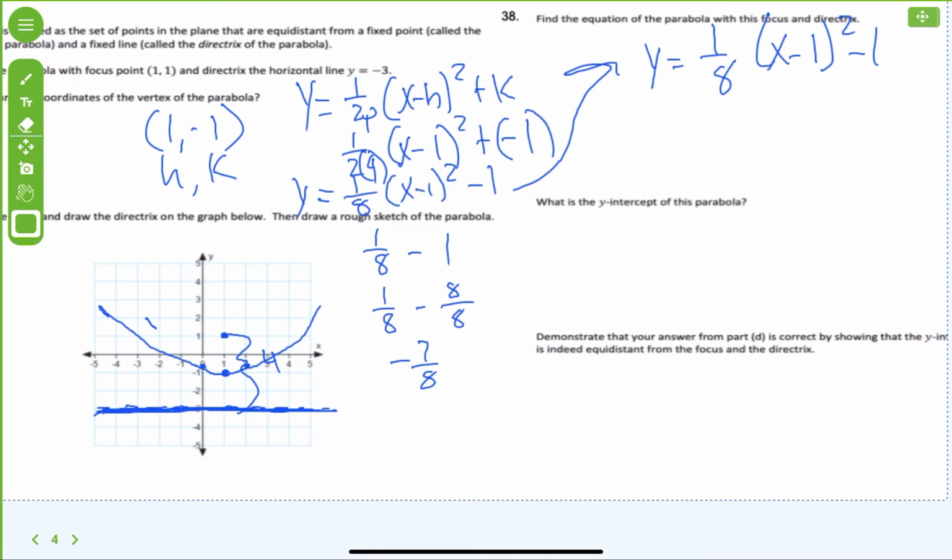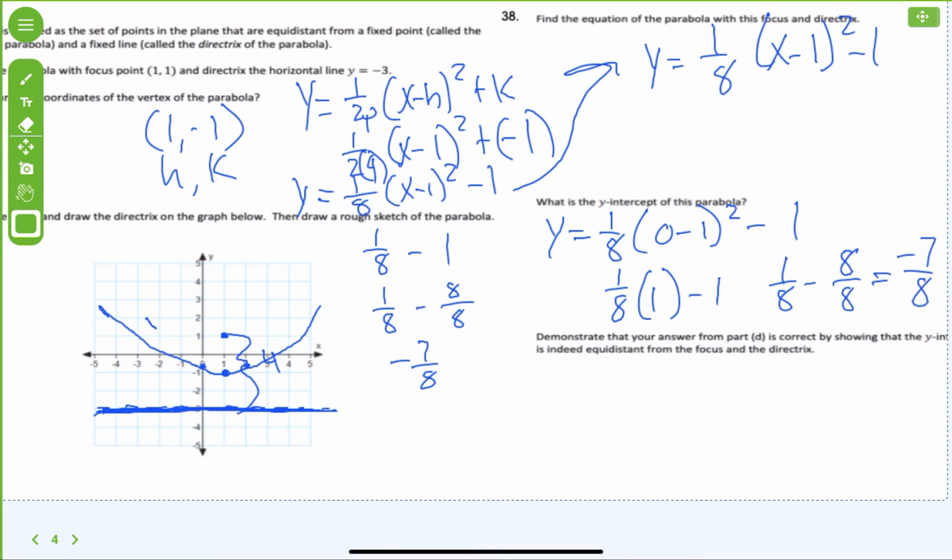I plugged in a 0. So let's do it right here again. y is equal to 1/8 times (0 minus 1) squared minus 1. Well, that's going to be 1/8. -1 squared is still 1, so it's times 1, and anything times 1 is whatever we're talking about. So that's 1/8 minus 8 over 8, and that's going to be a -7 over 8. That is our y-intercept.